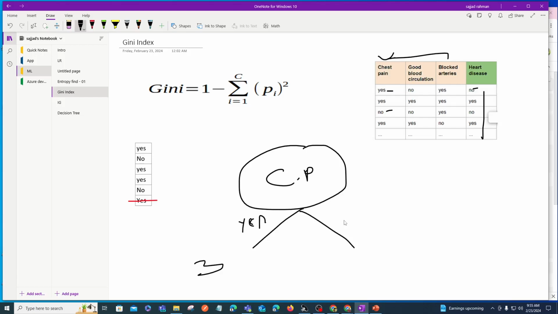So the total is GINI of left plus GINI index of right, 0.45 something plus 0, so similarly we get 0.45.